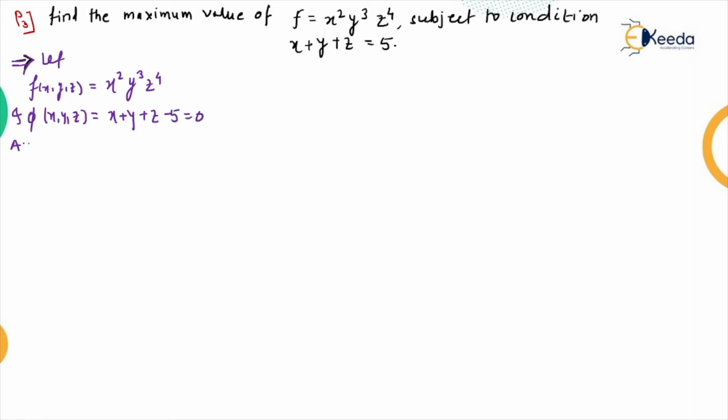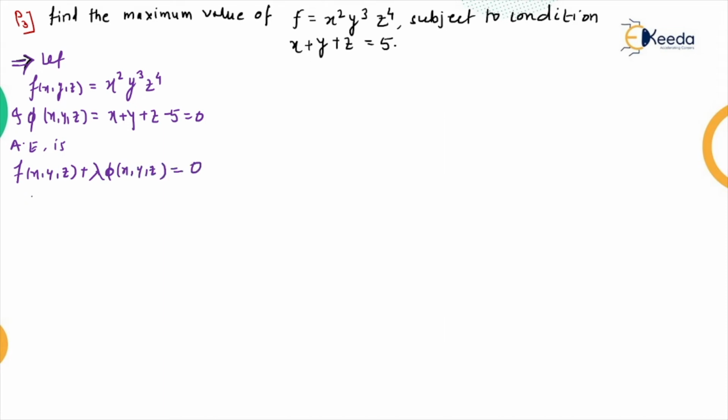Okay, so I am writing the auxiliary equation now. The auxiliary equation is f of x y z plus lambda into phi of x y z equal to 0, where lambda is an undetermined multiplier.